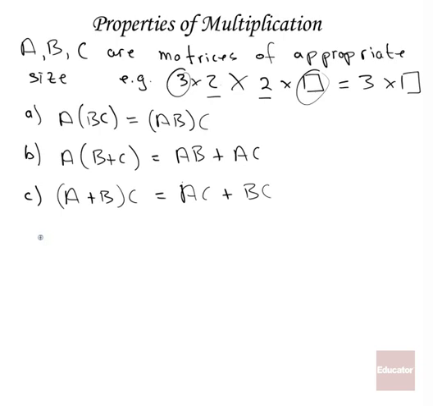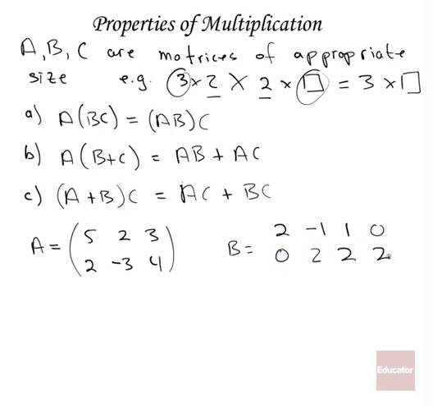Let's take A equal to 5, 2, 3, 2, negative 3, 4. We'll take B equal to 2, negative 1, 1, 0, 0, 2, 2, 2, 3, 0, 3, 0, negative 1, 3.